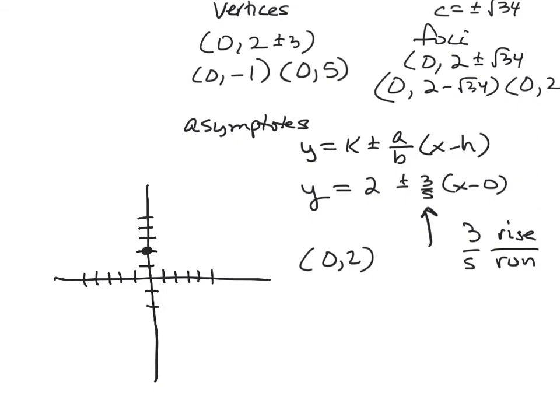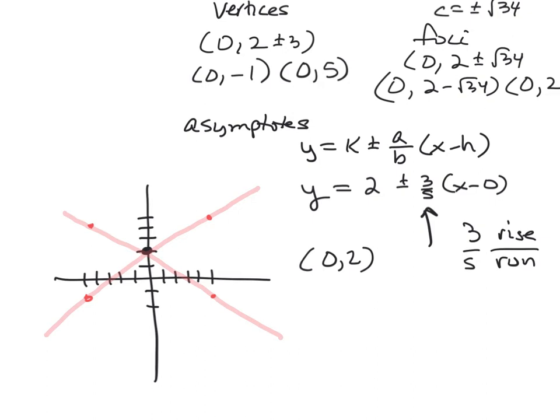I'm going to rise 3 and run 5. Go in all directions, create the line through that center. There's your asymptotes.